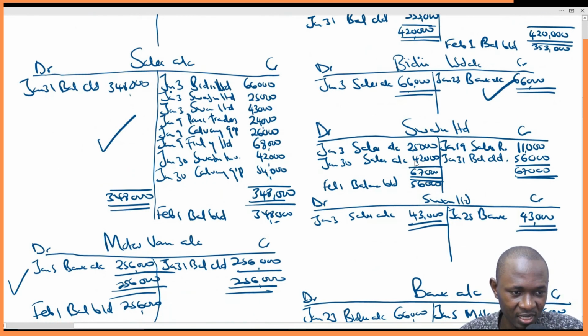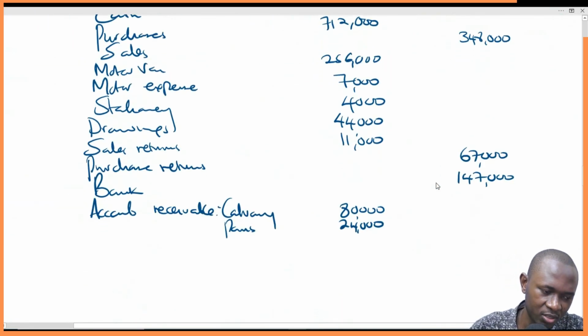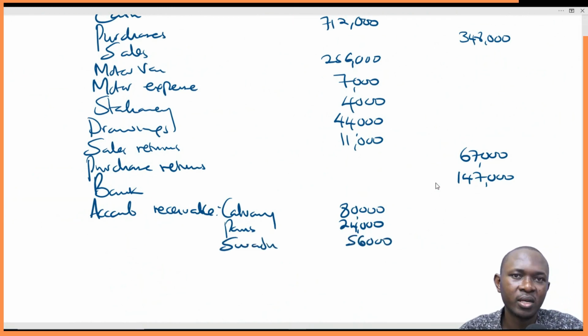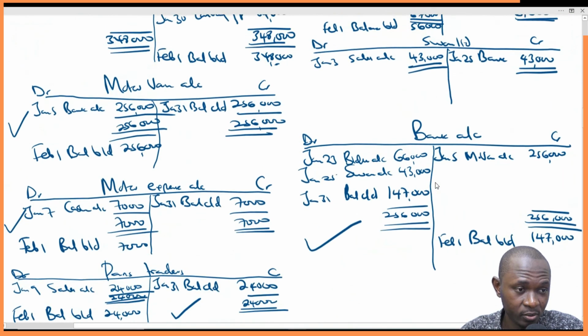You can see transactions are on the debit side. So we have 56,000 on the debit side. So we come here, Swaju 56,000 on the debit side.